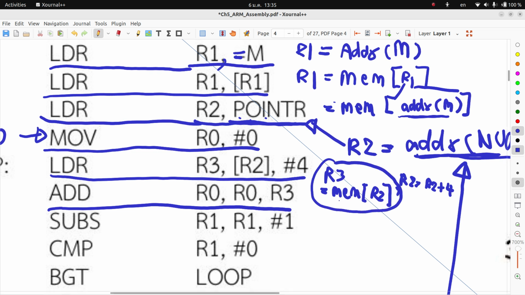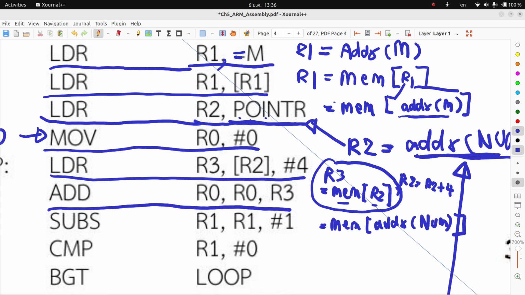R3 equals to memory of R2, which is memory of num. Memory of address of num. Okay?